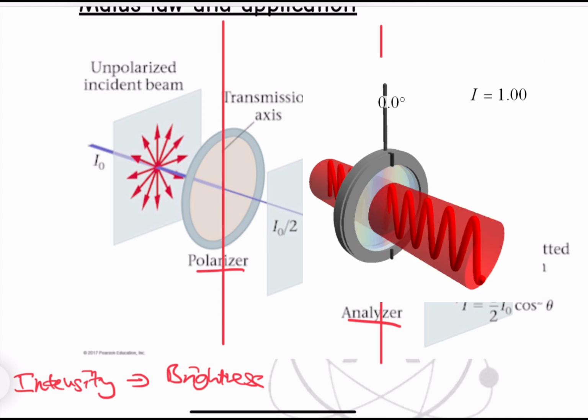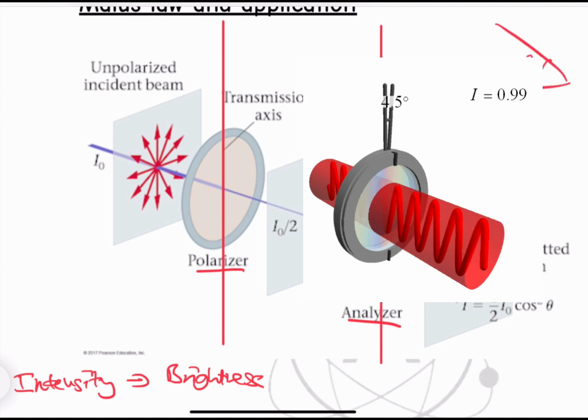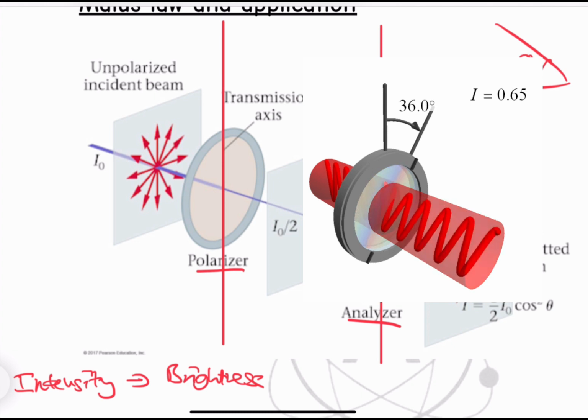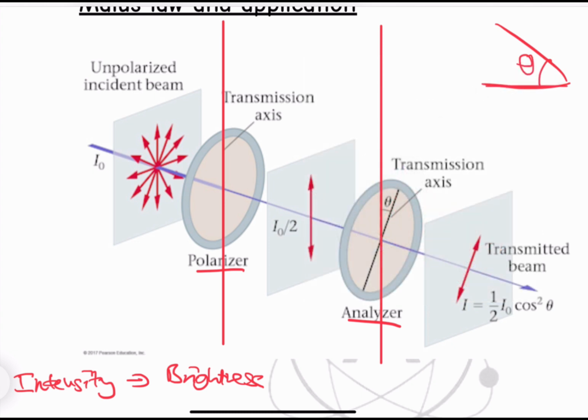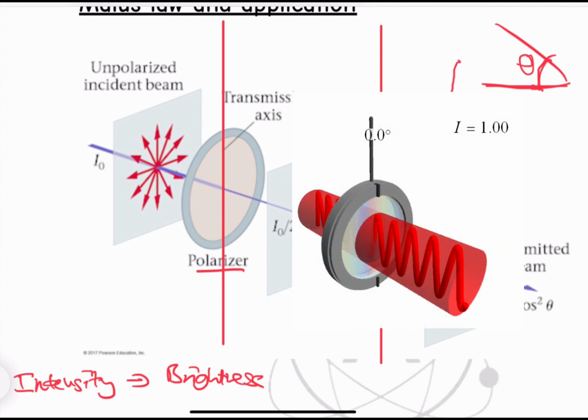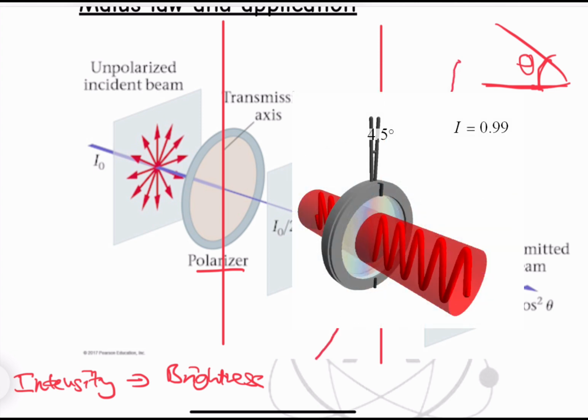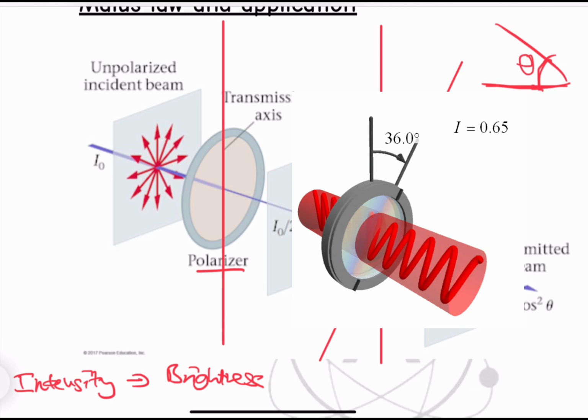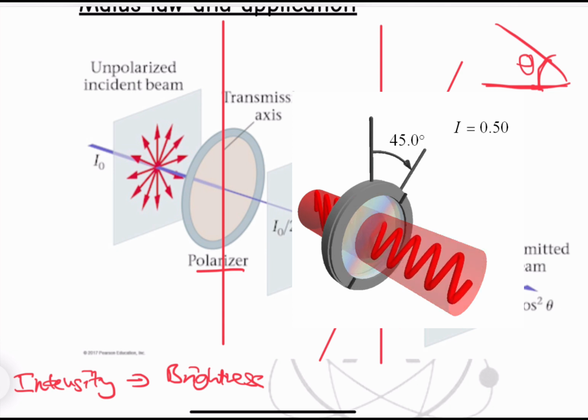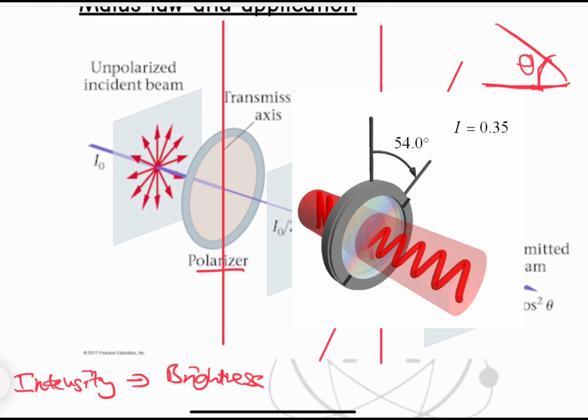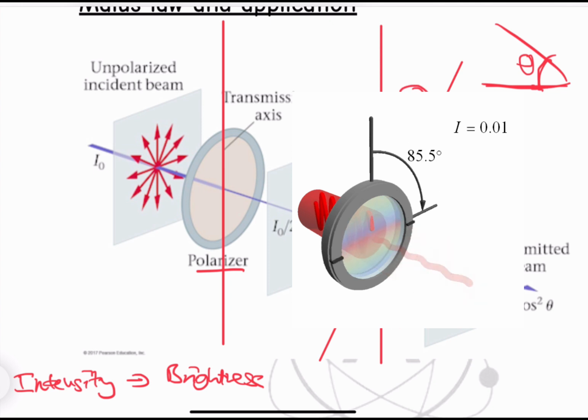For example, if I'm about to measure this angle theta, I start putting my protractor here and use this as a reference point to go from here up until there. So if I want to find this angle theta, I'll have to draw this second transmission axis of the analyzer. And theta is the angle from the transmission axis of the polarizer to that axis. That is your value of theta.